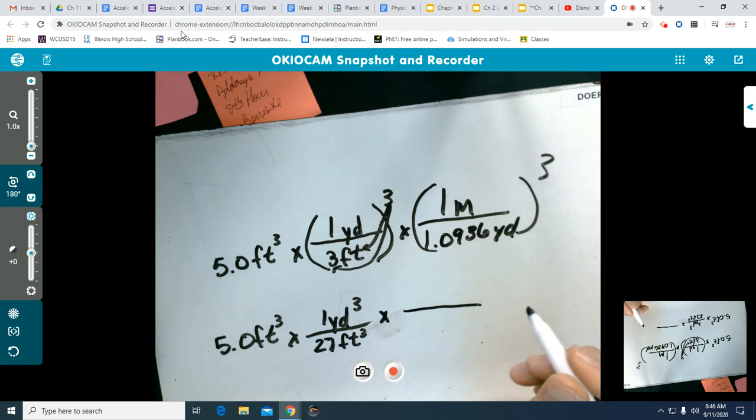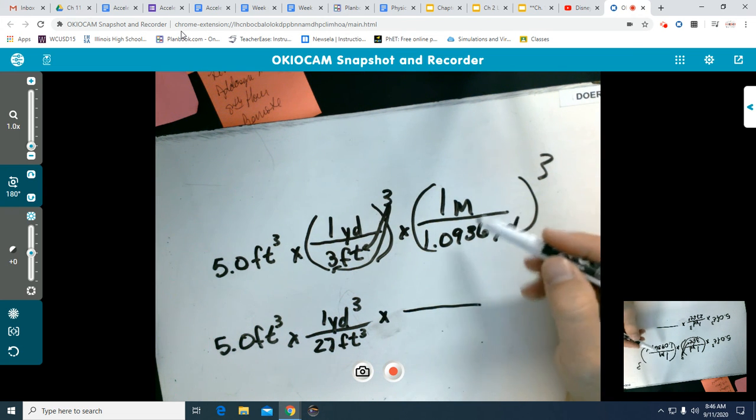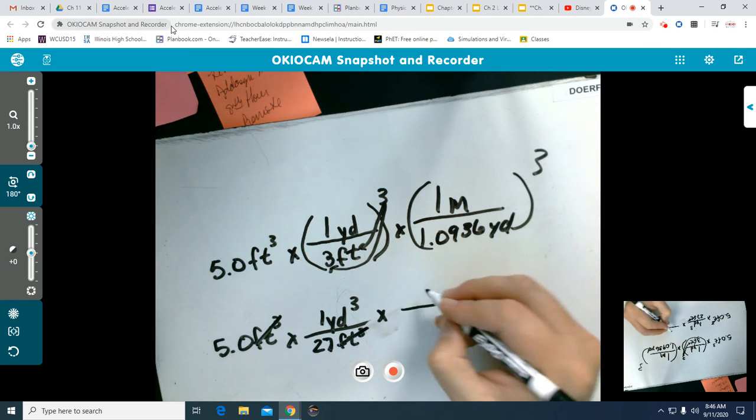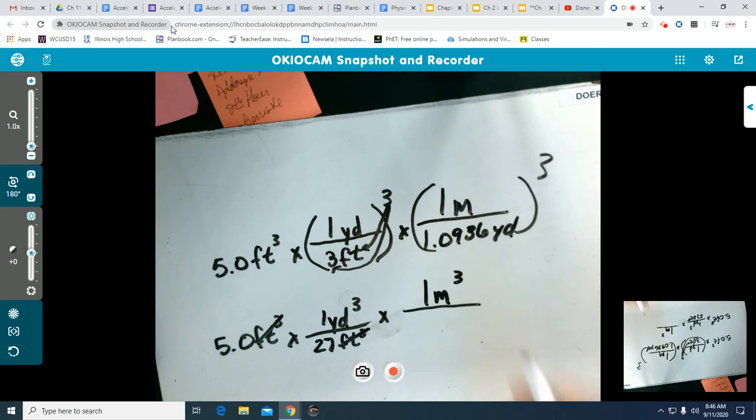So now, again, cubing this factor, first of all, we see that these can cancel, right? We get 1 meters cubed. And so what is our yard value cubed?